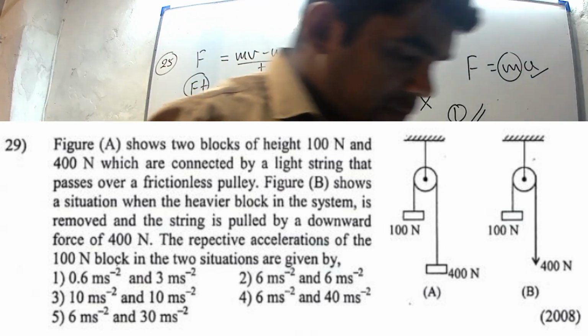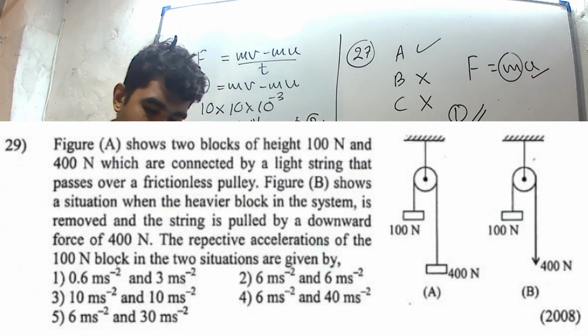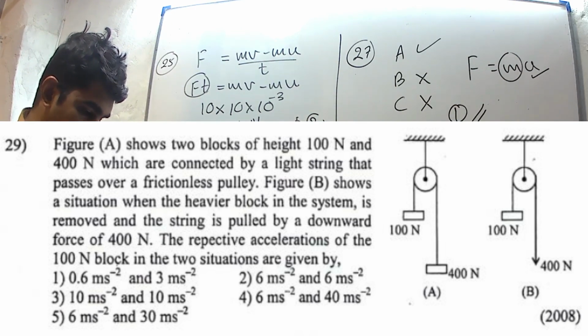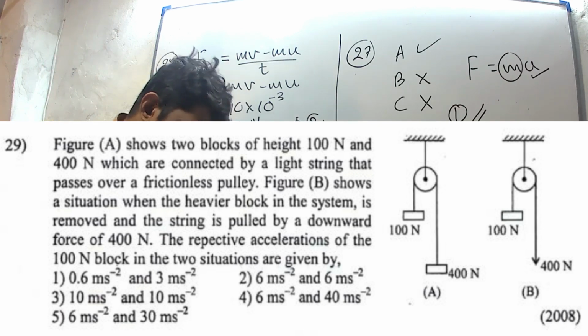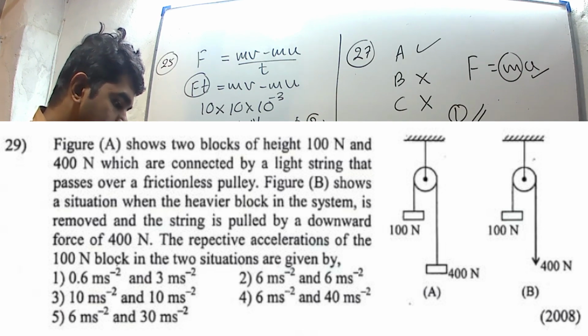Right, then 29. Figure A shows two blocks of weight 100 Newton and 400 Newton, which are connected by a light string that passes over a frictionless pulley.